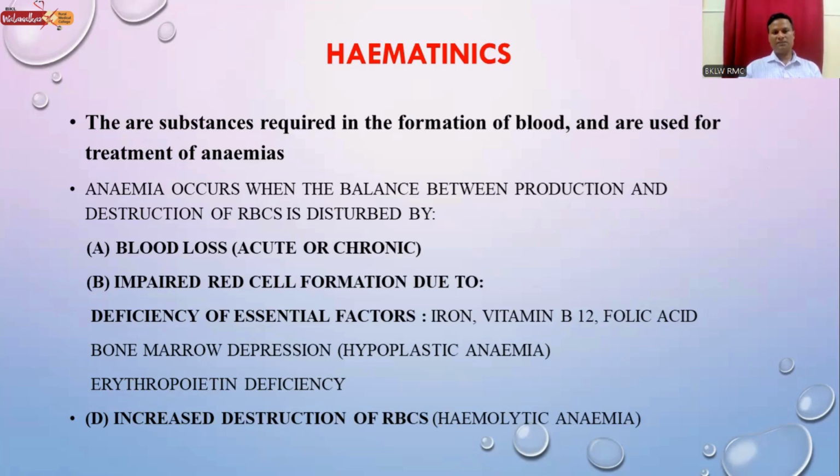There may be deficiency of these substances in conditions like blood loss, which may be acute or chronic, impaired red cell formation, which may be because of deficiency of essential factors like iron, vitamin B12, folic acid, or in hypoplastic anemia like bone marrow depression, or because of erythropoietin deficiency in patients with chronic kidney disease. Also, anemia may be because of increased destruction of RBCs as in hemolytic anemia.